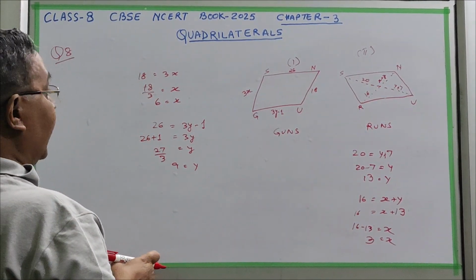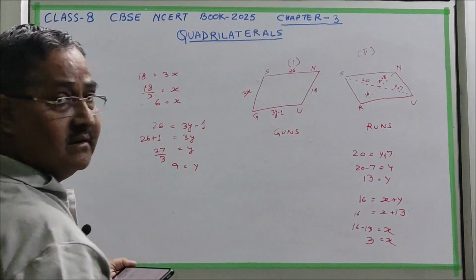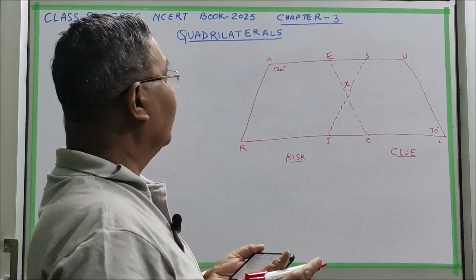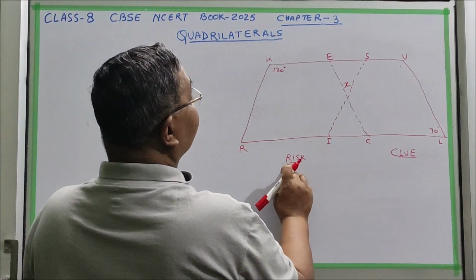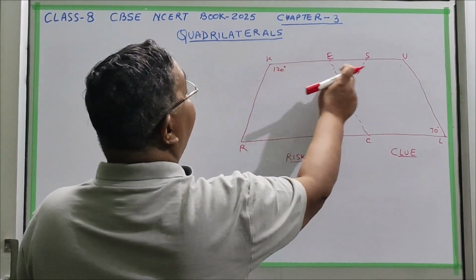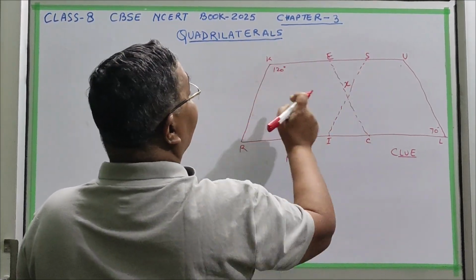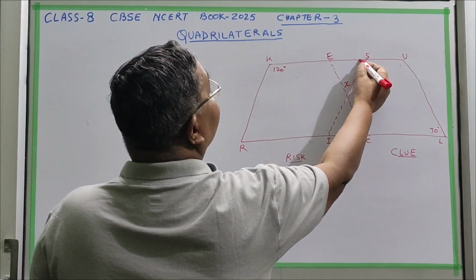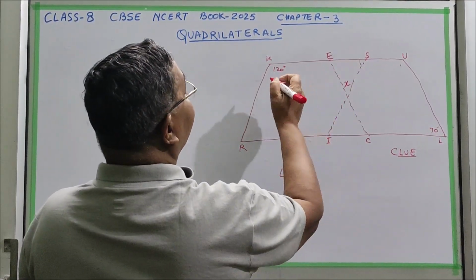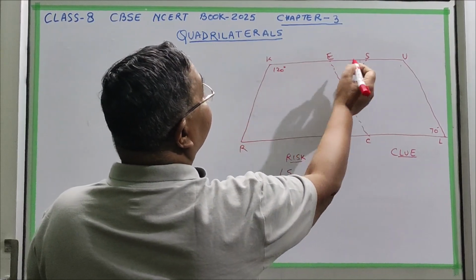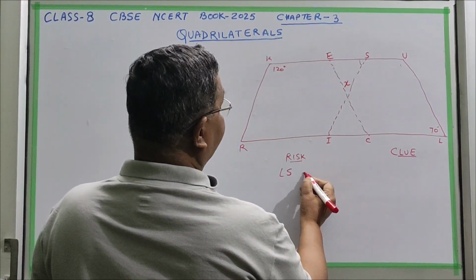Now question number 9. We will go to question number 9. Here one parallelogram is RISK. So this angle S is coming here. So angle S is 120 degrees, and this will be the adjacent angle.